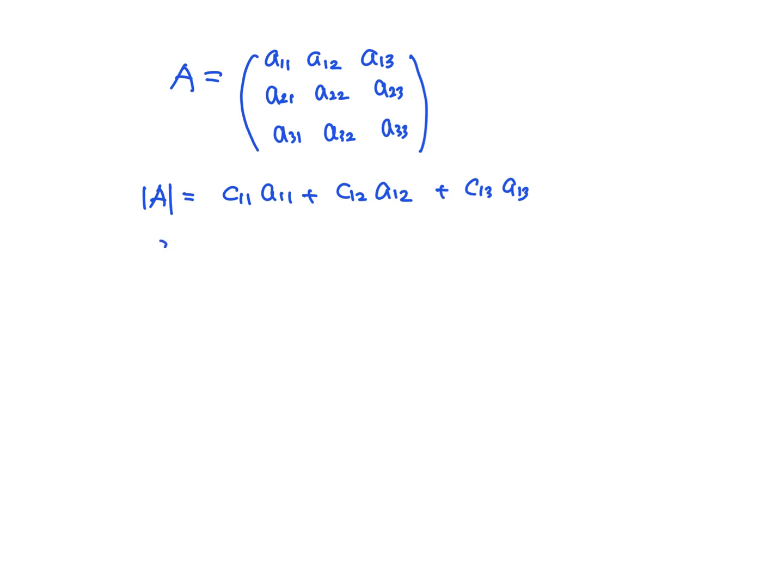C11 is minus 1 to the 1 plus 1, M11. And M11 is a minor, which is actually the determinant of a matrix that is obtained by deleting the first row and first column, right?